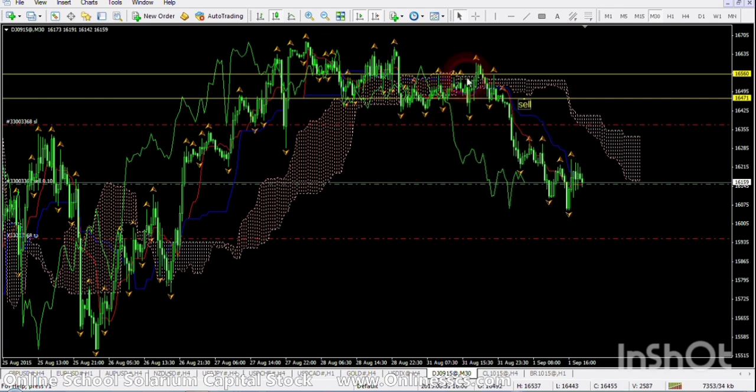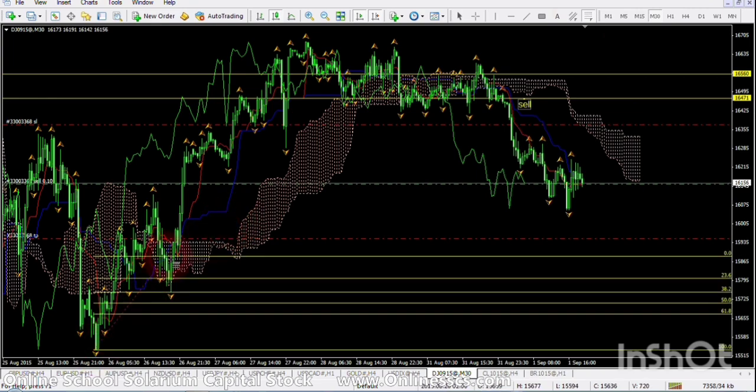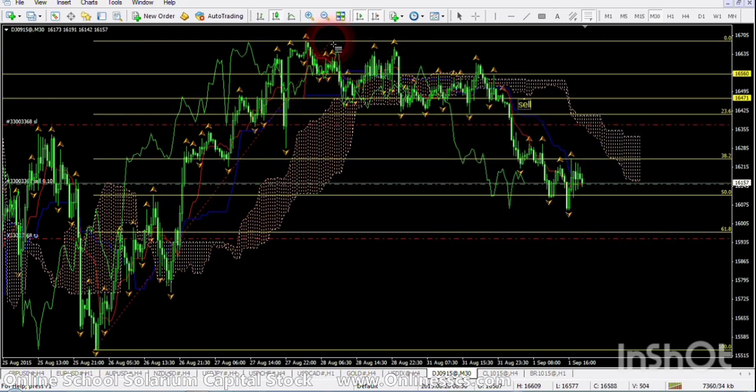So if it wants to come down, it would hit this pivot and can't come down, but not in a way that it closes your sell position.